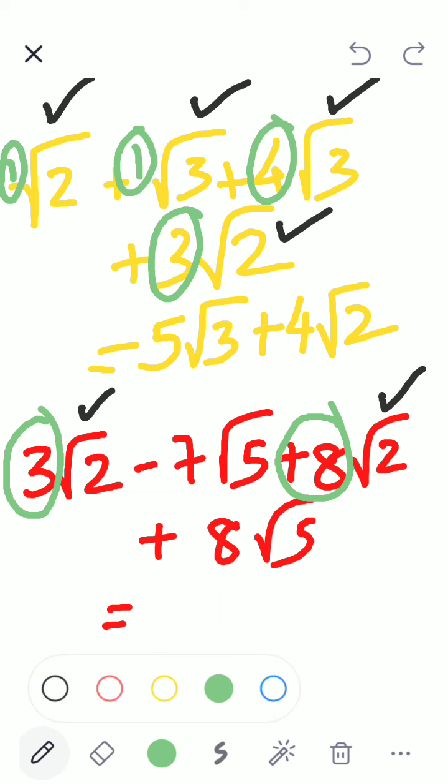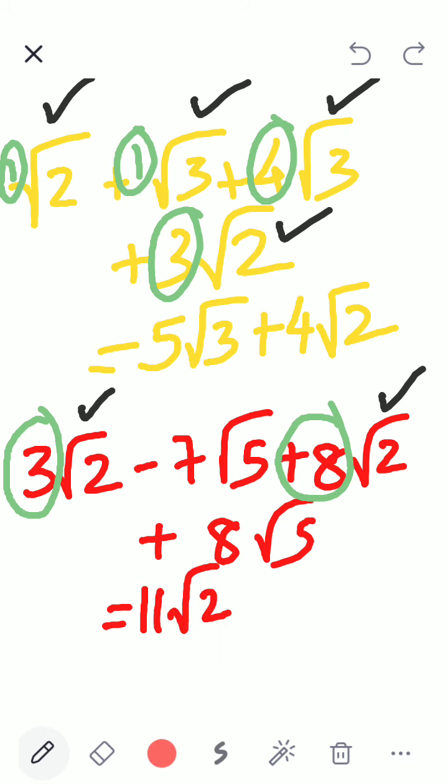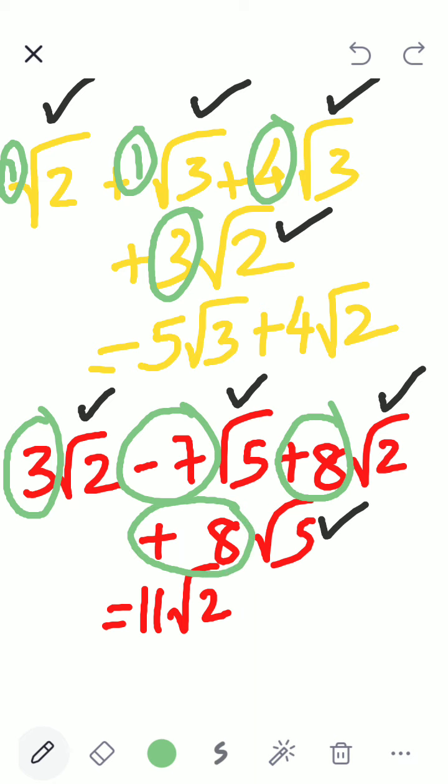So 3 plus 8 becomes 11, and then I write the house as it is. The next house which is common is root 5 and root 5. What is the number outside the house with the sign? -7 and +8. So -7 and +8 is what?